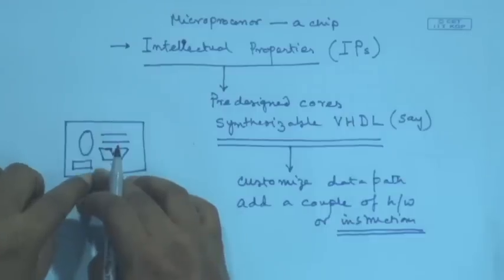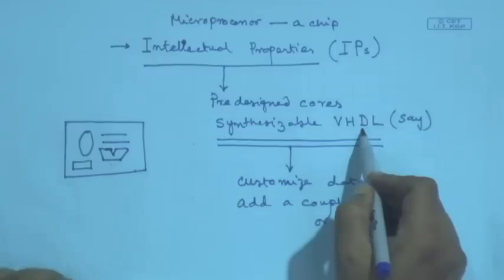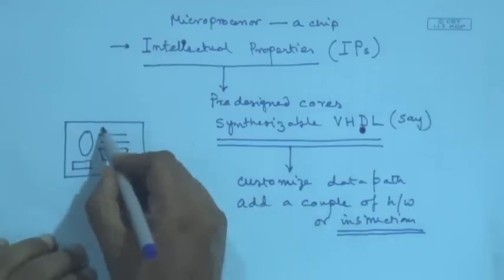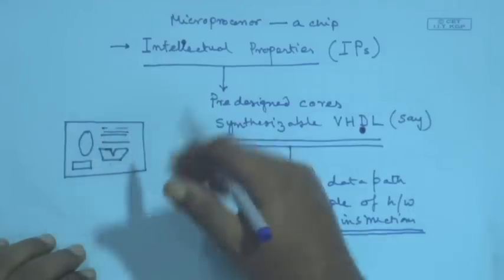Now, had it come as a chip, you could not have broken that chip and worked on it further, but here you are getting a VHDL code. Therefore, you can add, just as in a software program, it is as if a function. Now, you can add lines to the function, so that you can add to the data path which will be implementing your desired instruction and then synthesize it. Is it clear?